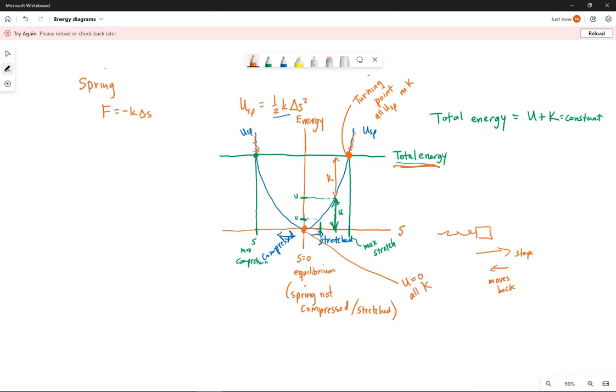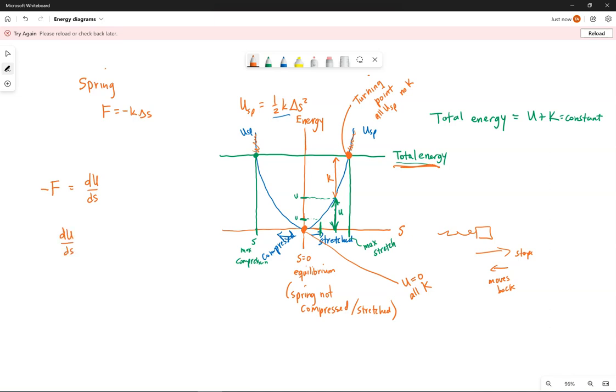So these graphs can give us an idea and a relationship, a way to look at the conservation of mechanical energy. If you remember in the last situation with gravity, I said that we could find the force, or the opposite of the force was the derivative of the potential energy.